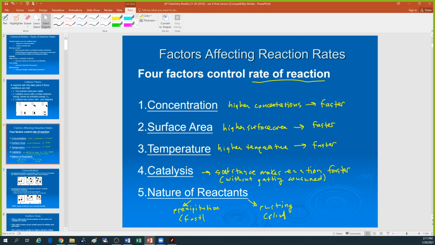That's the key point. The more chances you take, the more chances there are for the reaction to happen.